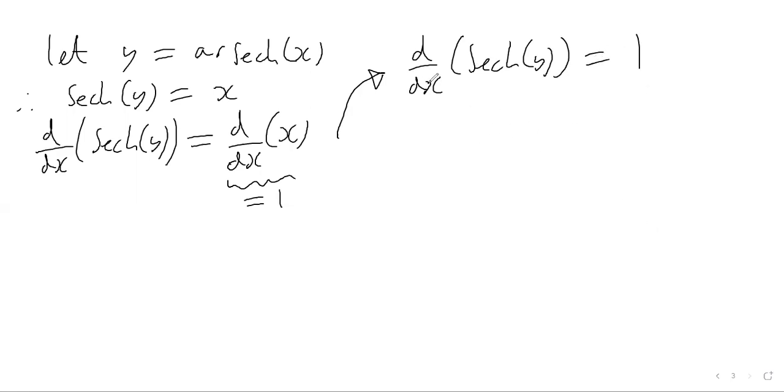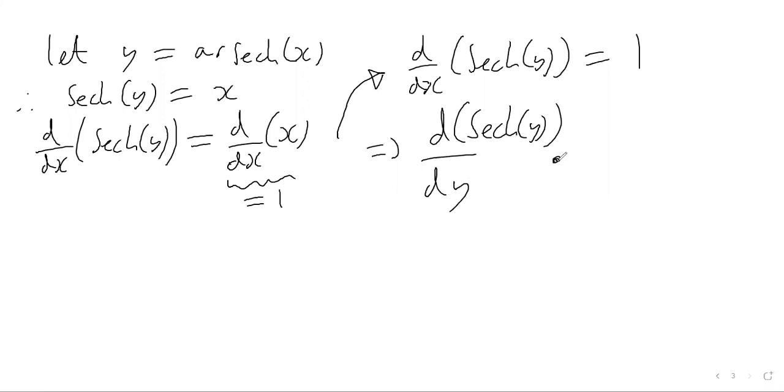So here we go. We've got a function sech of a function y, but that y is obviously a function of x. So we can use the chain rule, and using our chain rule, we're going to get the derivative of sech of y with respect to y, and we multiply that by dy by dx.